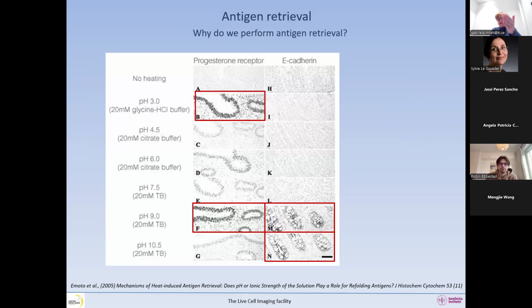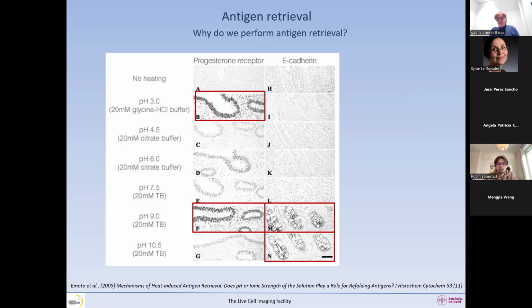And it's very clear that, for example, for the progesterone receptor, the glycine buffer, which is with a very low pH, works very well. But already with a TRIS buffer, a slight difference in the pH from 9 to 10.5 totally altered the binding of the antibody.